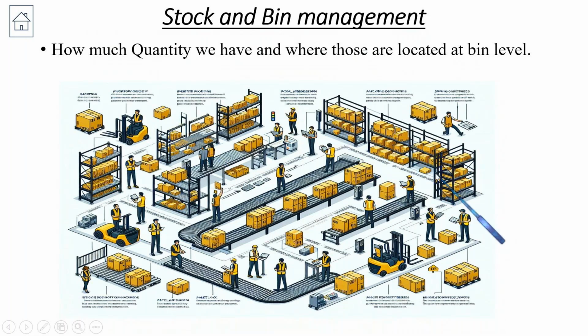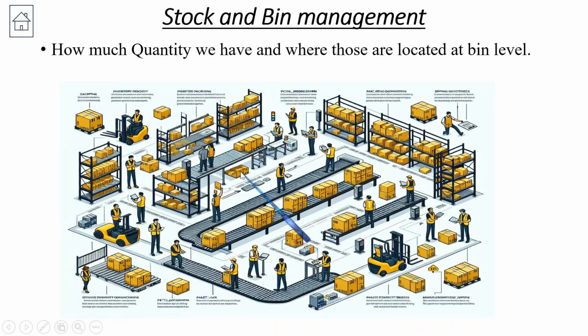So we can track each and every product, where exactly it is, whether it is on a conveyor belt, on a forklift, or in any one of the bins. Which product is going to expire soon, that entire information we can track with the help of bin management.